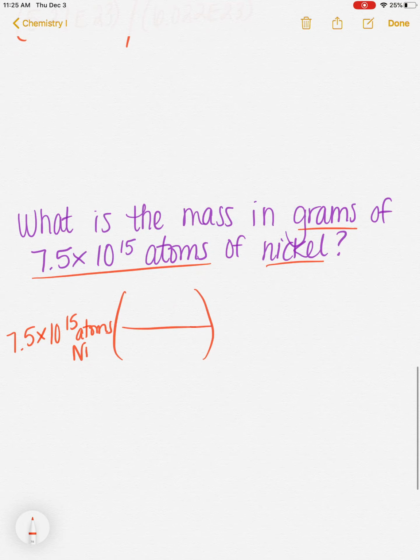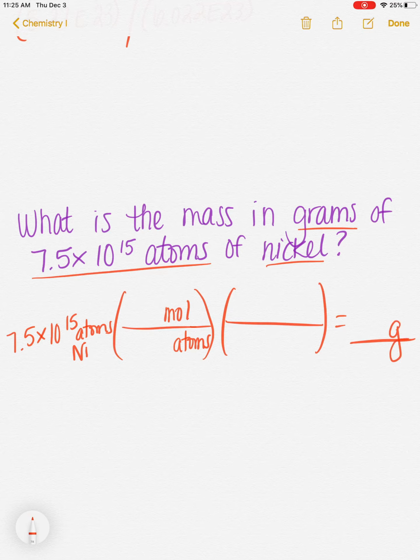So in my first factor, I want to get rid of atoms, and I'm going to go to moles. But I don't want an answer in moles because remember, we're supposed to give the mass in grams of this. So in my next factor, I'm going to put moles on the bottom, and I'm going to put grams of nickel on the top.